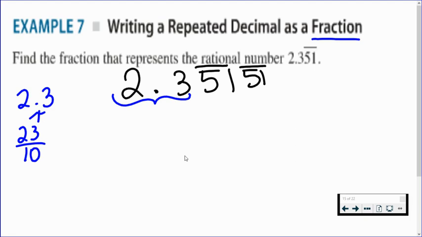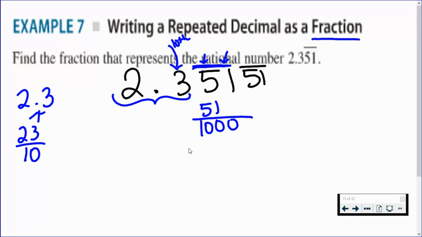If I'm looking at my decimal, I know that this will be my 10th place, this will be my 100th, and the 1 will be my 1,000th. But these two numbers are together, so it's my 1,000th place. So I'm going to write 51 over 1,000 on the bottom.